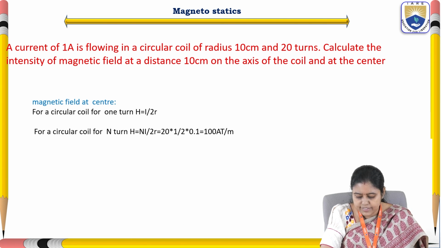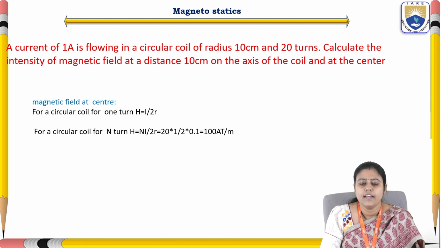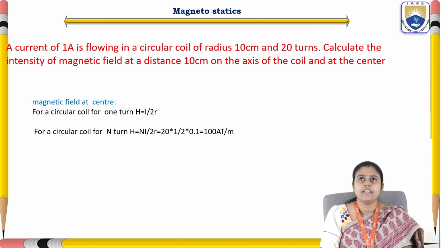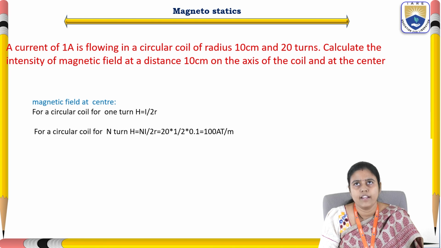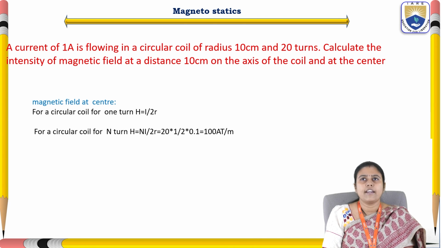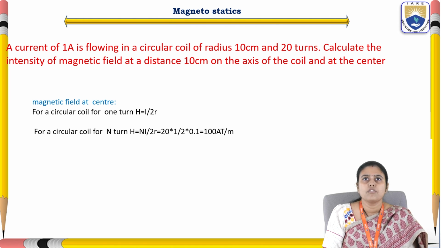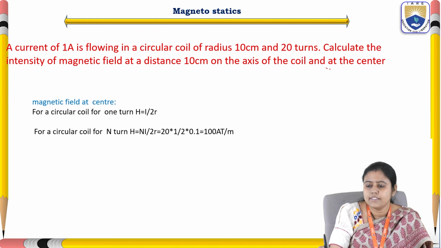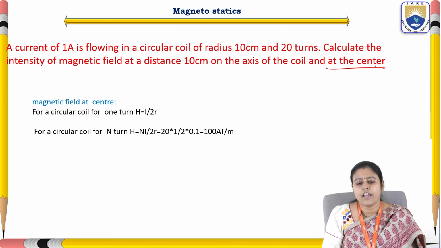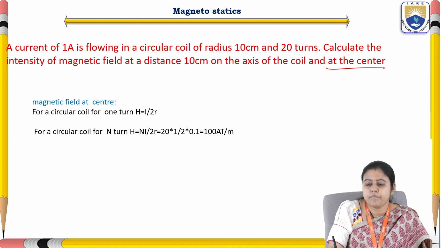Next, there is a small problem also. A current carrying conductor: 1 ampere current is flowing in a circular coil of radius 10 centimeter and 20 turns. Calculate the intensity of the magnetic field at the center of the coil. So first we will calculate at the center only. So how to calculate the magnetic field at the center?